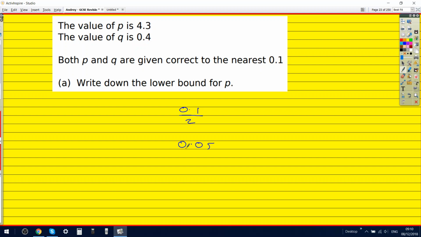And then for P, do I just do 4.3 minus 0.05? Yep. Is that going to be 4.295? Yeah, 4.295. That's it.